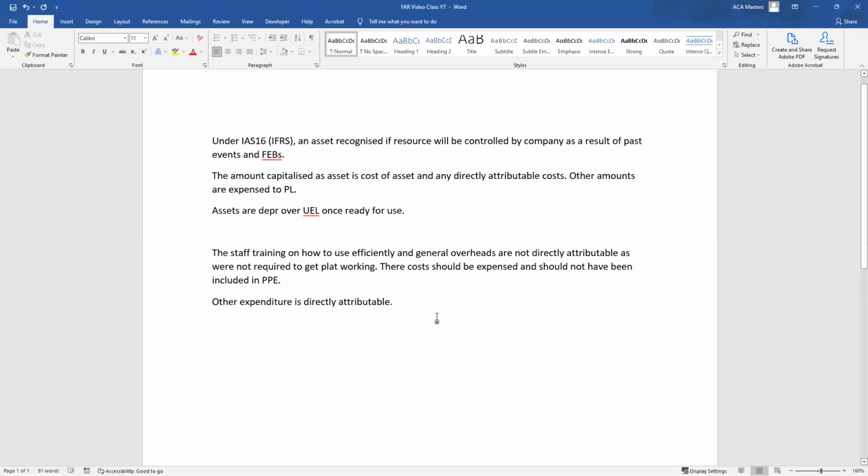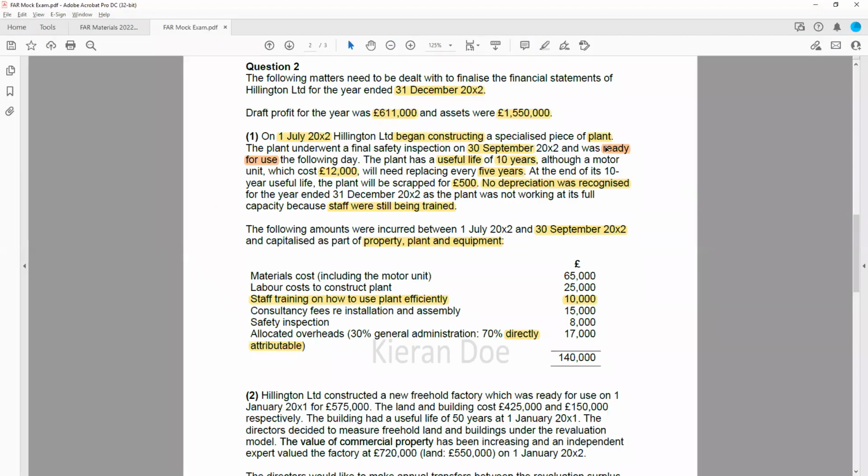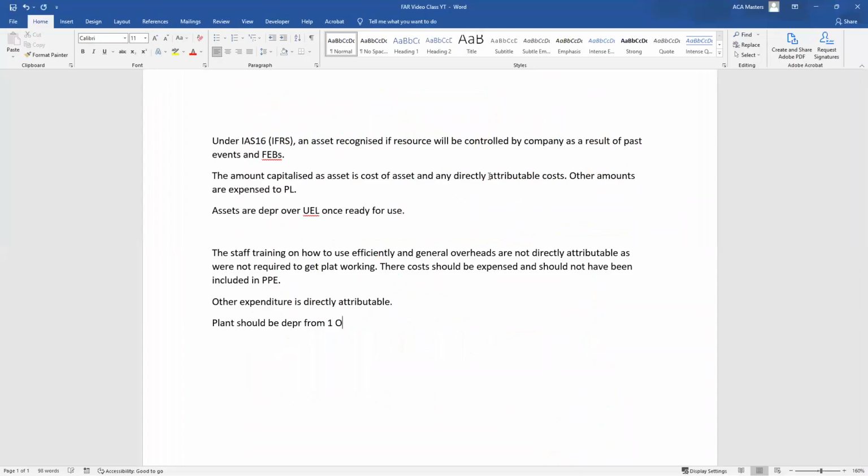So we could say plant should be depreciated from the date it was ready for use, the following day, 30th of September was the safety inspections. So it should be depreciated from 1st of October X2, as this is the date ready for use. So you could say, therefore, 3 months depreciation in the current year.